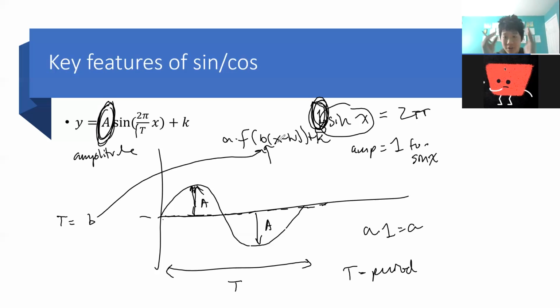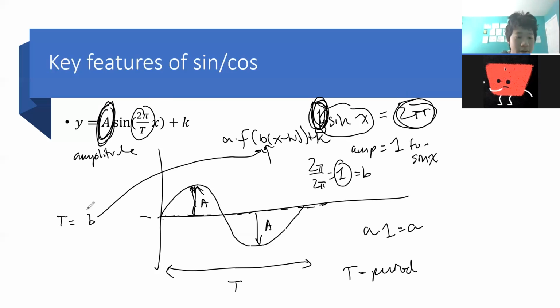If b is smaller, the graph is stretched. So the graph is stretched if T is larger, which means T has to be in the denominator. And we can see that for the base, T is 2 pi. So if we plug this in, since it's 2 pi over T, 2 pi over 2 pi is 1, which means b is 1. So b is actually technically 2 pi over T.